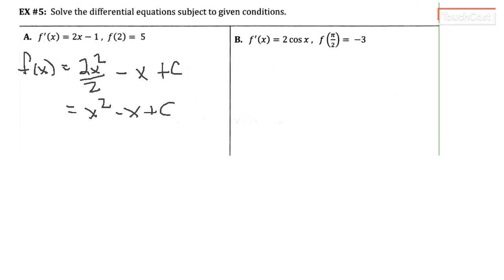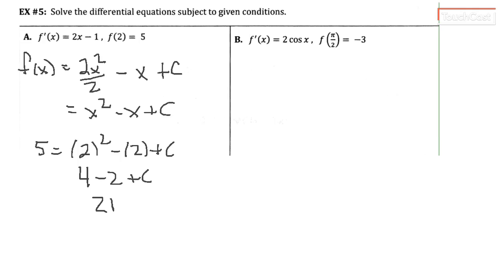Now, since we know f of 2 is equal to 5, we can set this equal to 5 and replace x with 2. So 5 equals 2 squared minus 2 plus c. Then we can solve this for c. We know 2 squared is 4, and 4 minus 2 is 2, so 2 plus c equals 5.